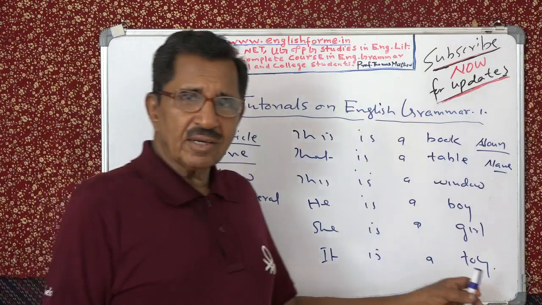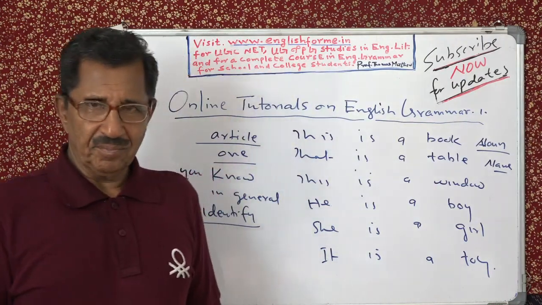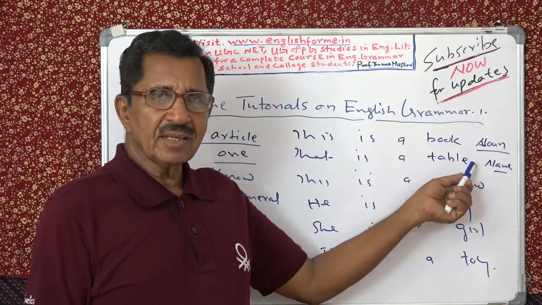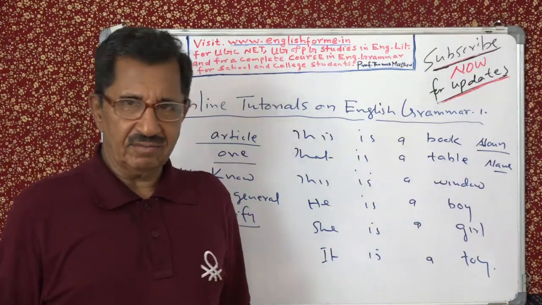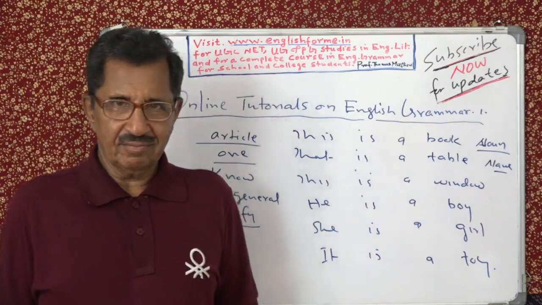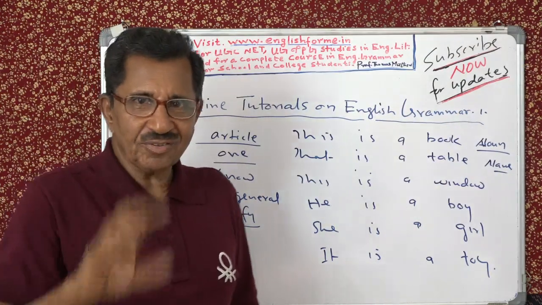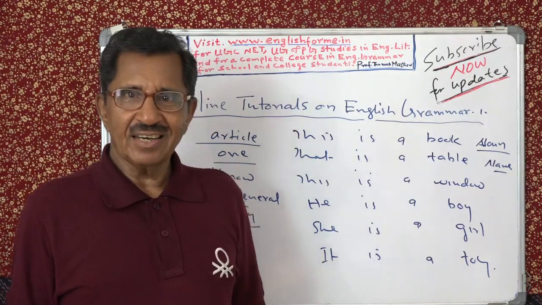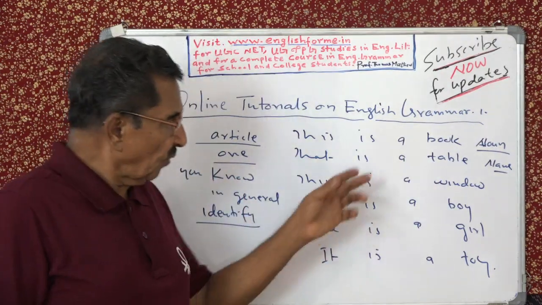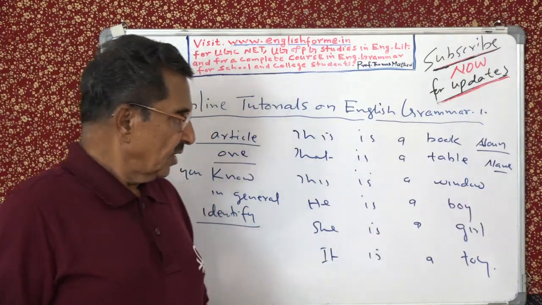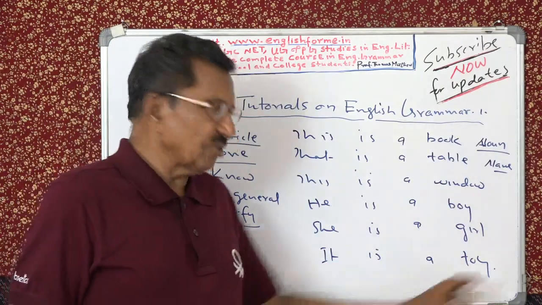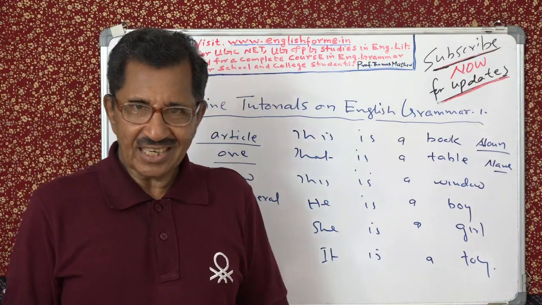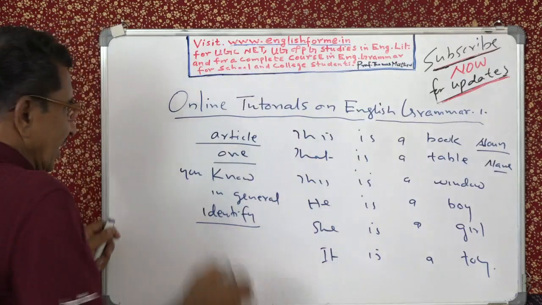What is a noun? Noun is name. Why can't you say a books? A books means more than one, so you cannot use it. You cannot say one books, one tables, one windows, a boys, a girls, a toys. That's not possible. Is that clear? Okay. So far it is very nice.